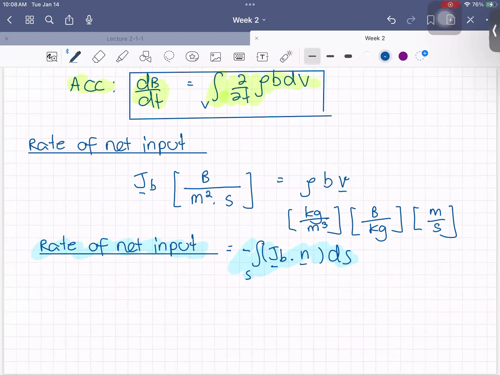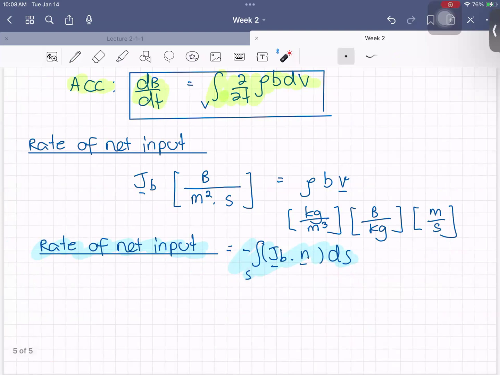But let's complete this equation first, since this term is still in terms of dS. It's still different to the accumulation term with respect to volume. Yes?